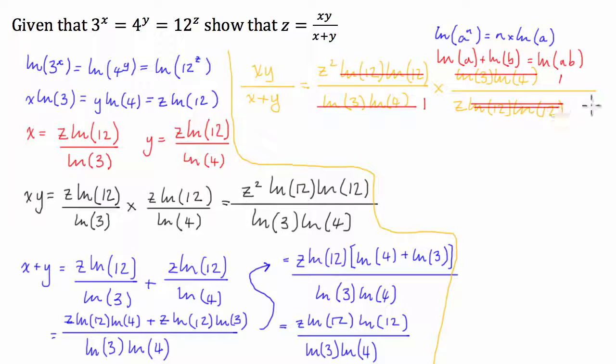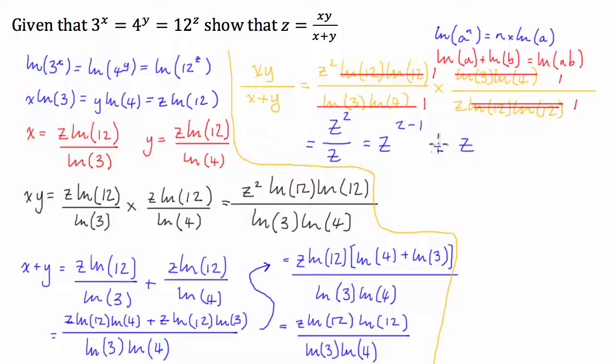So we've cancelled out the ln 3, ln 4s, and they form 1. And we've cancelled out the ln 12, ln 12s on the numerators and denominators, and they also form 1. So what we're left with is z squared over z, which is equal to z to the 2 take 1, which is equal to z.